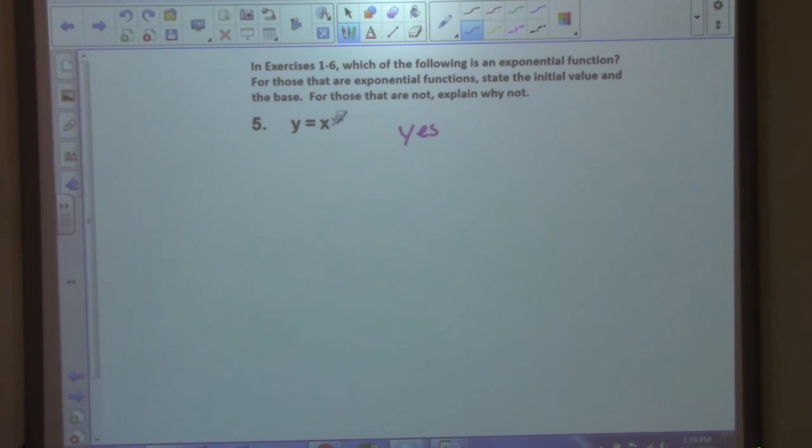This base here, x, is that a number or a variable? Variable. So the answer in this case is no. Okay, base is not a number.